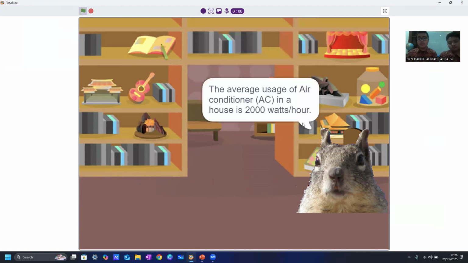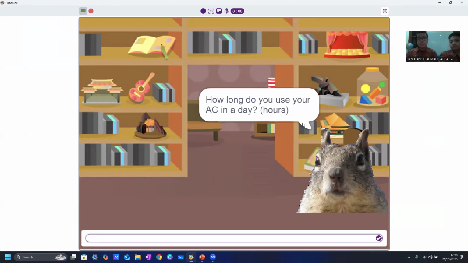For this instance, for the trees, we use the oak tree. This project will ask many questions on how long the period is that we use this electricity on a daily scale. So for example, this first question, how long do you use your AC in a day?